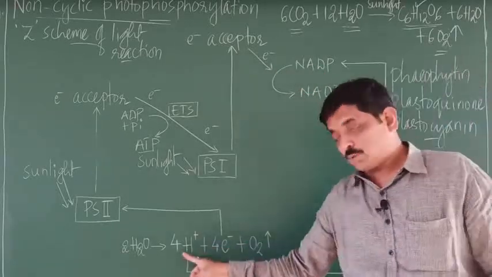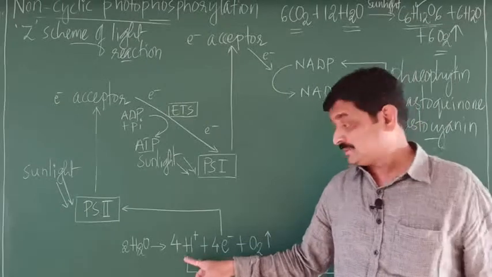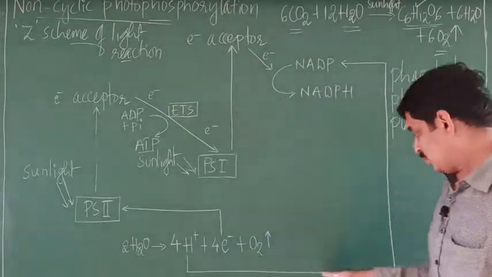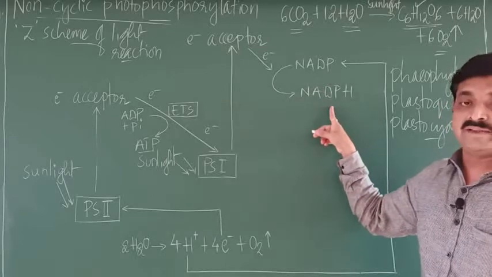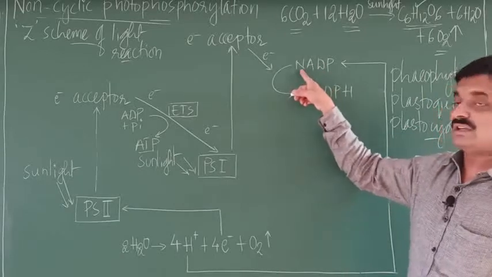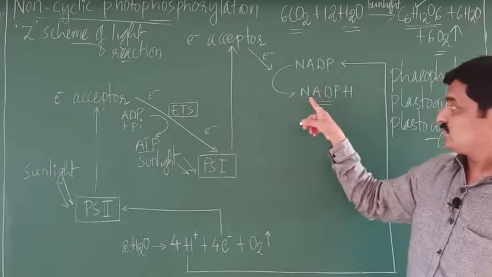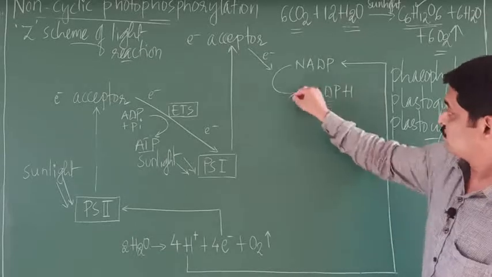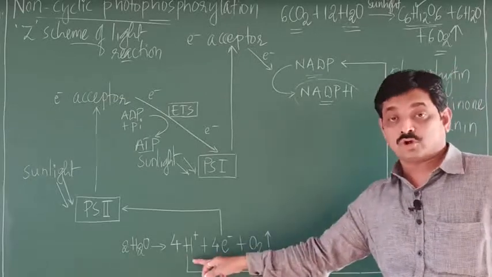Now, the protons which are produced here during photolysis of water reduce NADP into NADPH, the reduced form of NADP. NADP is nicotinamide adenine dinucleotide phosphate, and this reduction is with the help of these hydrogen atoms or protons.